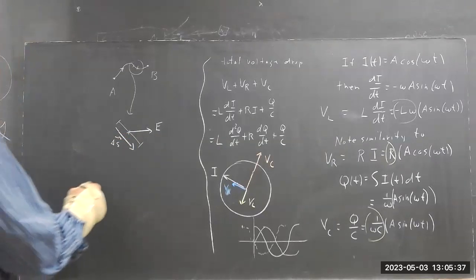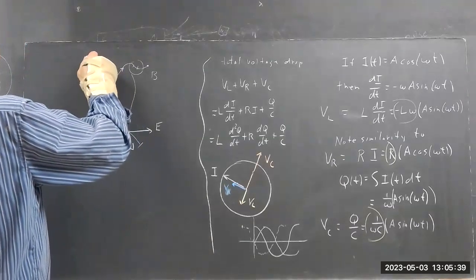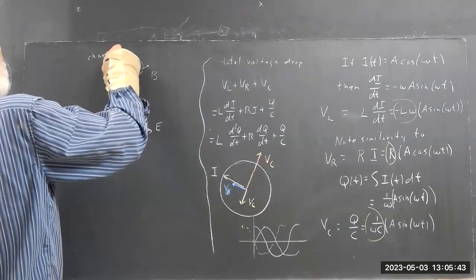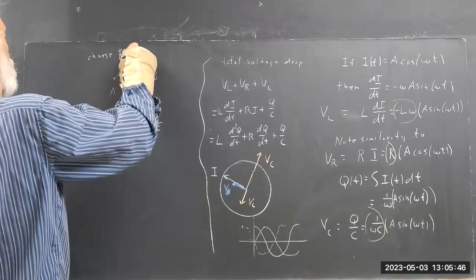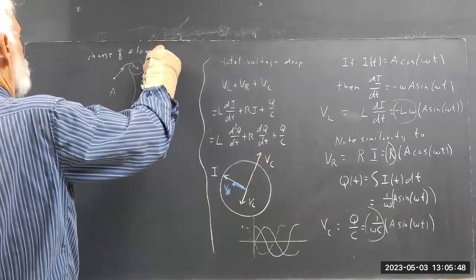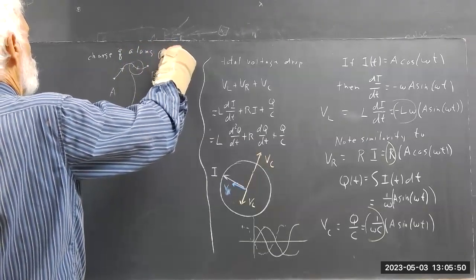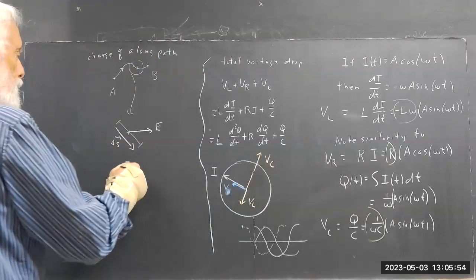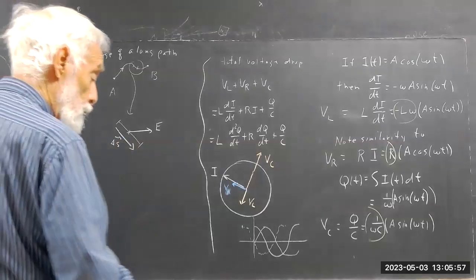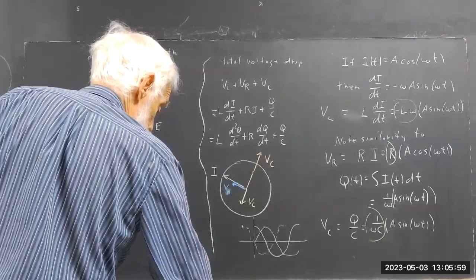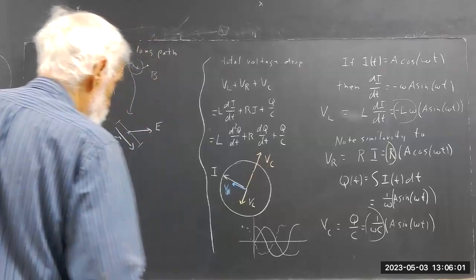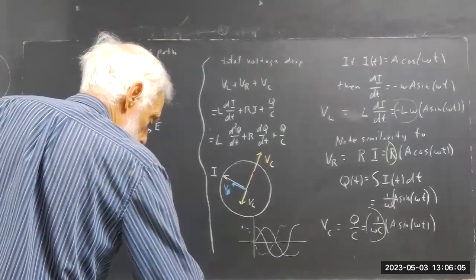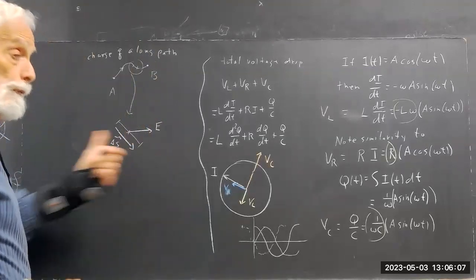So let a charge move along with that. Then there's a force. The force is in the direction along the line of E. It might be in the direction of E or opposite the direction.